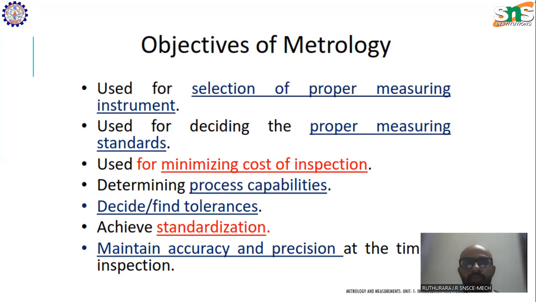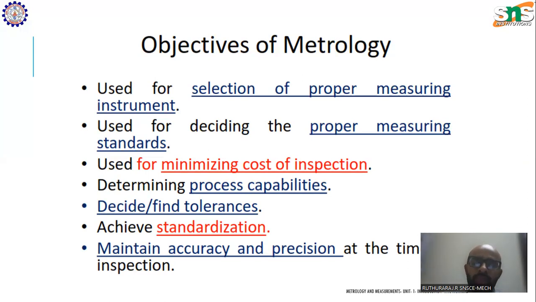So first point is selection of proper measuring instruments. So you have to select the proper measuring instrument for a particular job. So different measuring instruments can be used for measuring different components.